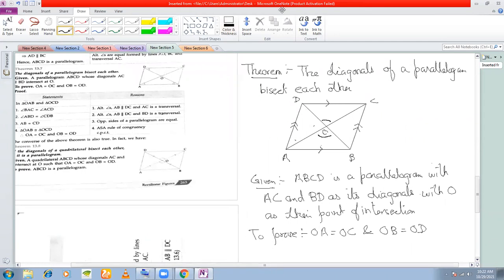Okay, just give me a minute. Okay, so these two are vertically opposite angles. These two angles are also equal because they are alternate angles, right?